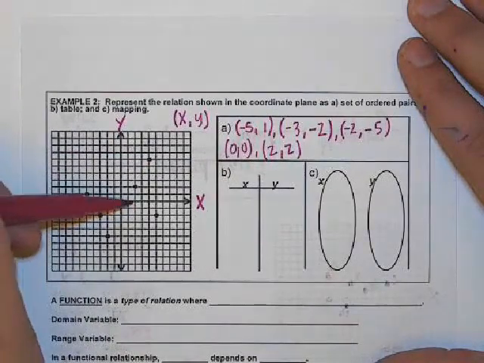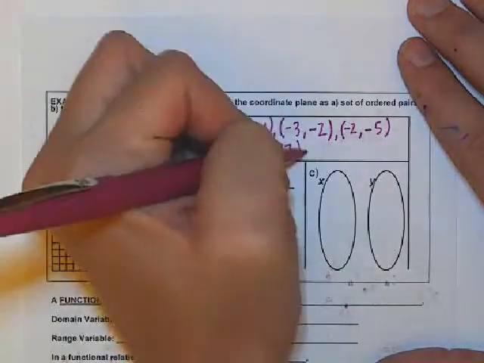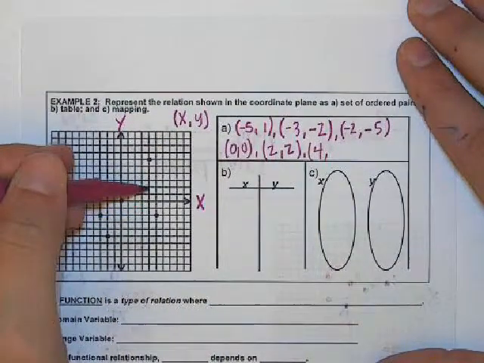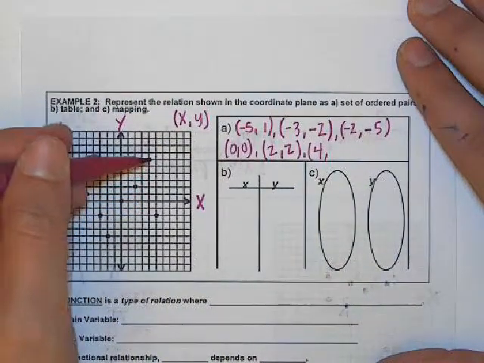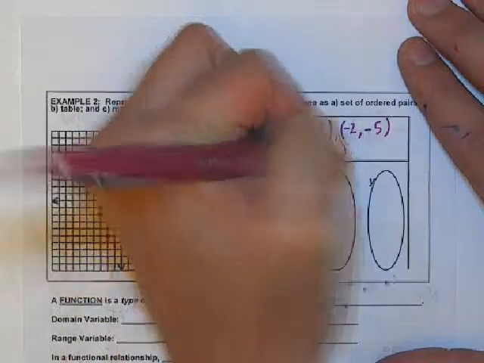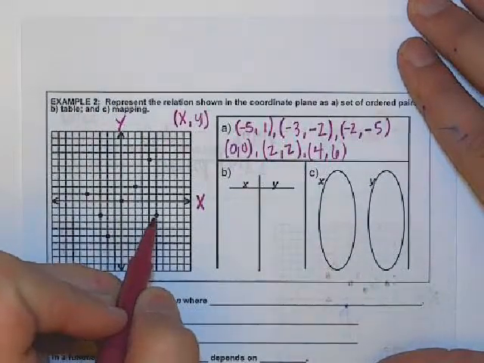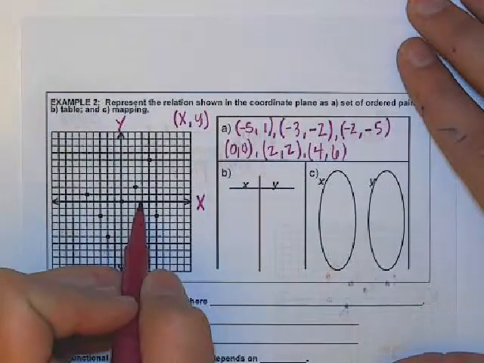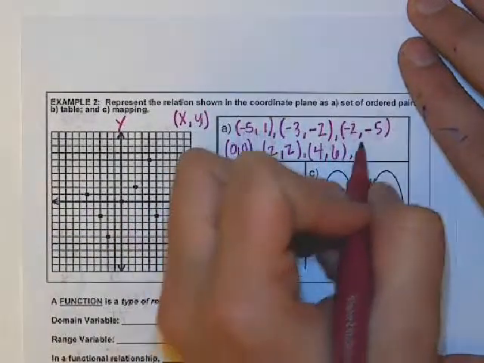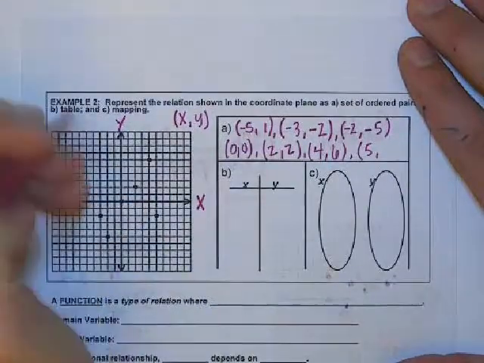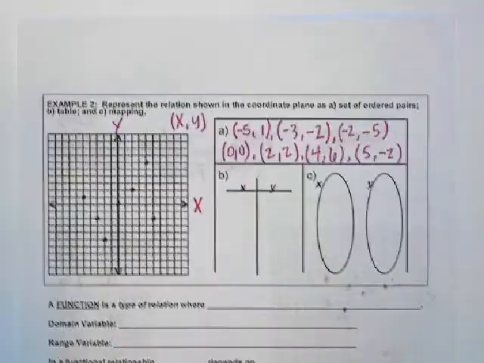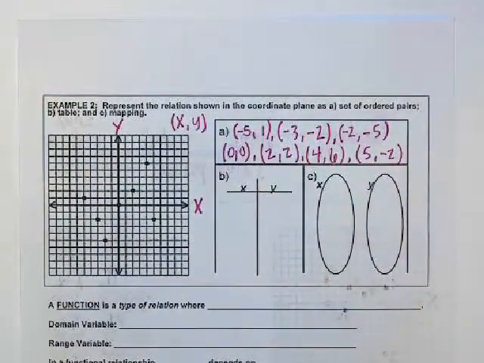My x is 1, 2, 3, 4. And the y is up 1, 2, 3, 4, 5, 6. So positive 6. And then my last dot over here. This is going to be 1, 2, 3, 4, 5. Down 2. So negative 2. Got it? Okay, make sure you got all of those written.